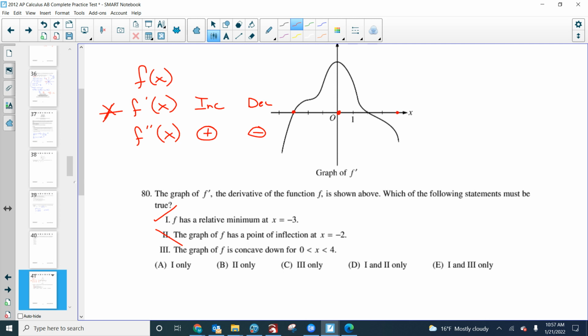This is the graph we're looking at, f prime. Is f prime decreasing the whole time from 0 to 4? Yes. So it's E. Does that make sense?